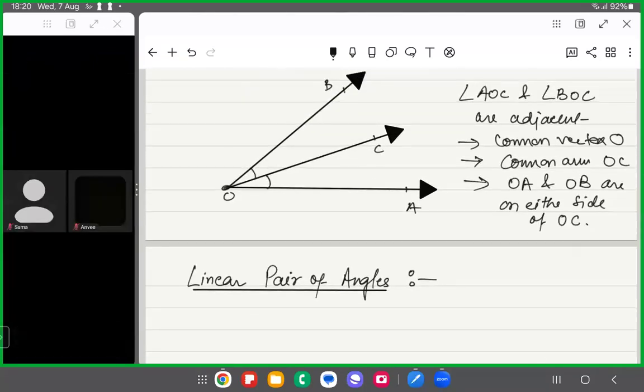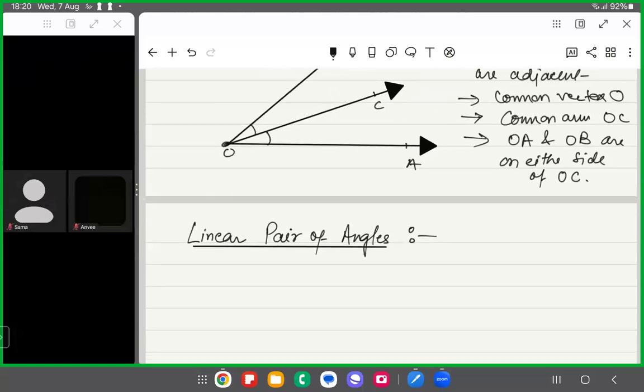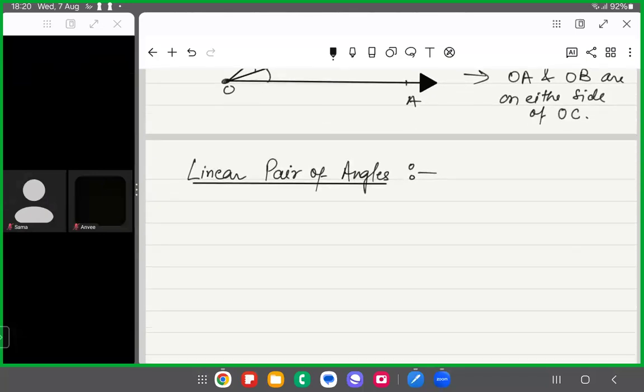Now, after adjacent angles, let's see what a linear pair of angles is. Again, this is a pair of angles, but a linear pair consists of two adjacent angles, and they are said to be a linear pair of angles if their non-common arms are two opposite rays.